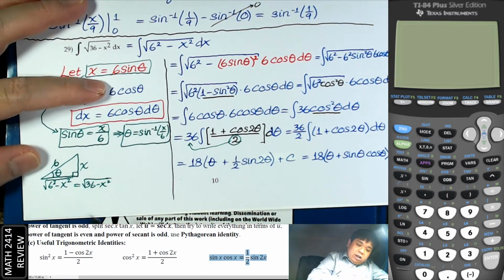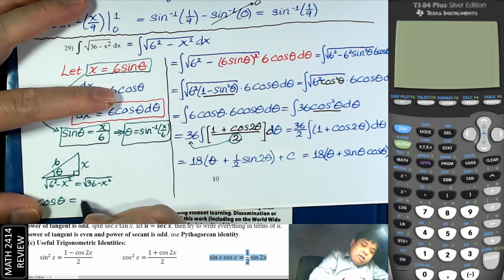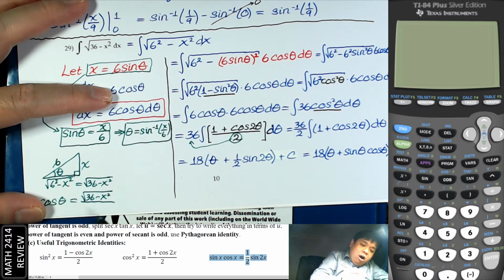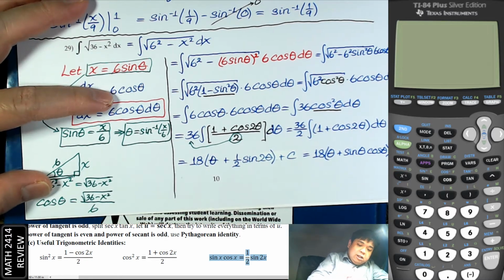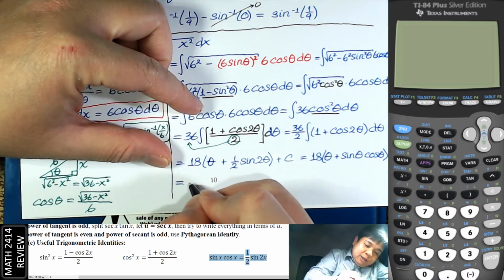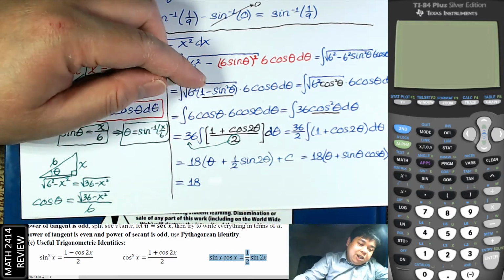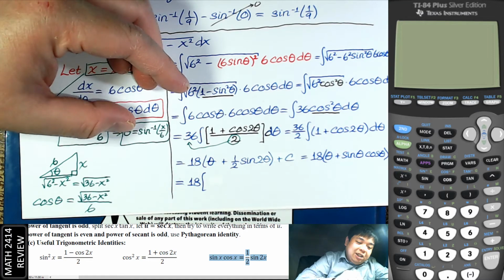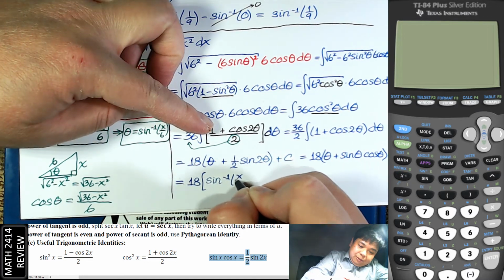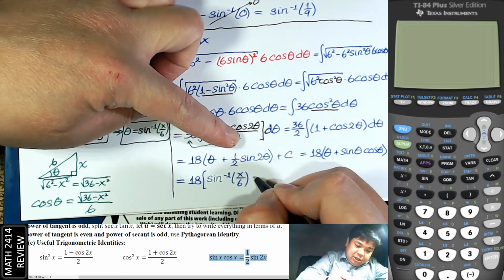And we need cosine, so cosine is adjacent over hypotenuse of 6. Substitute this back in here. Just erase that. Theta is sine inverse, sine is x over 6.